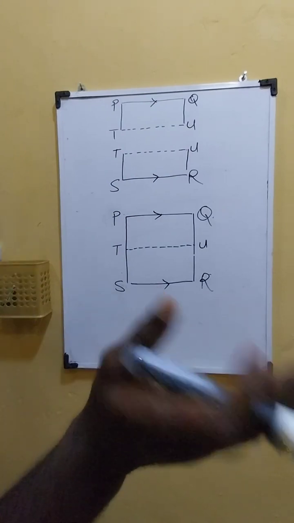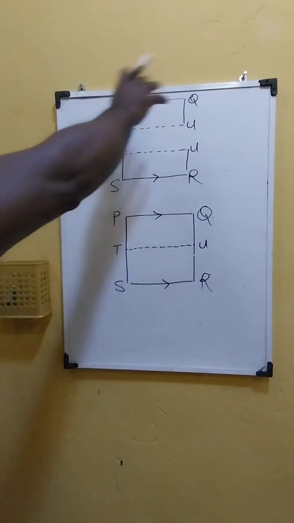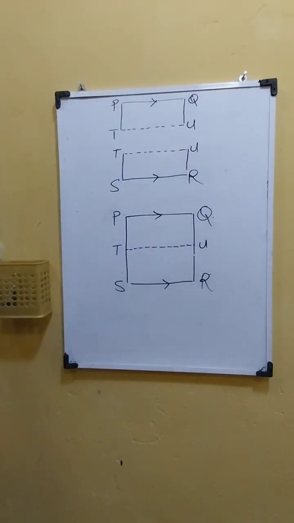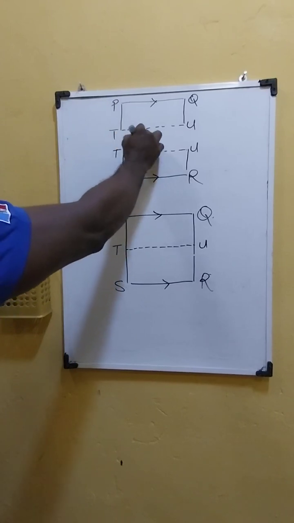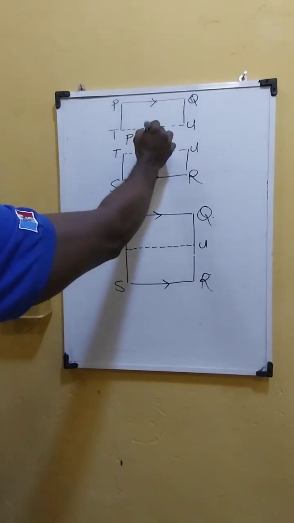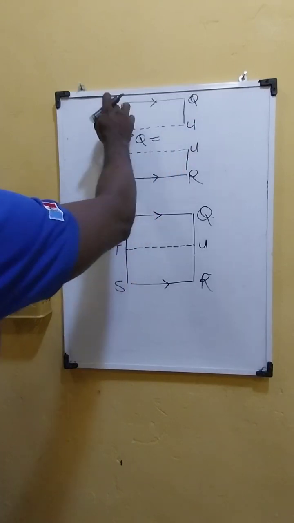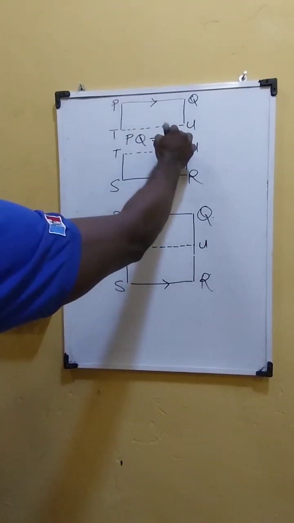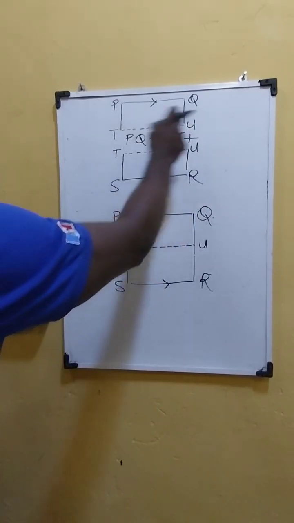This vector, normally, most people must have missed the first class. In the first class, I think we showed the movement of vector. So on this part now, we have PQ is equal to PT, plus the other part, TU.